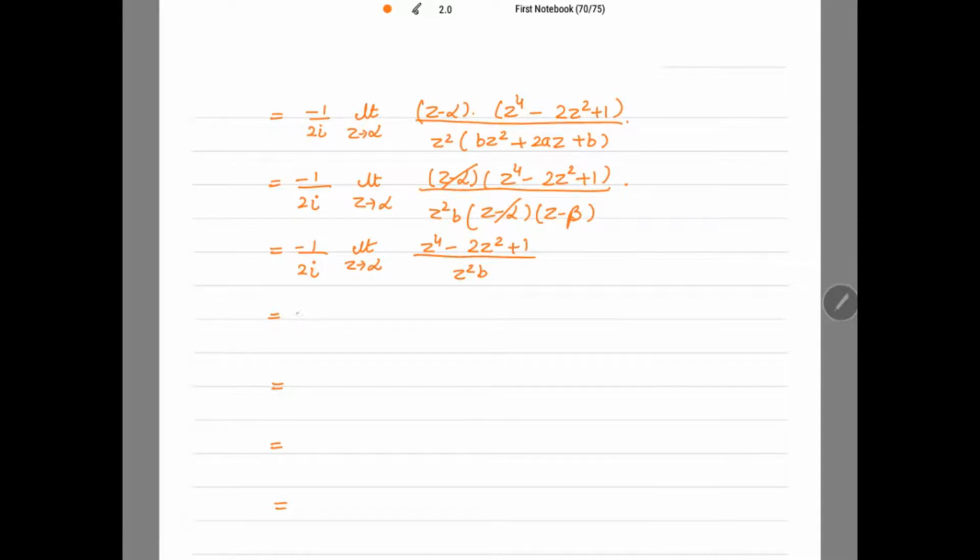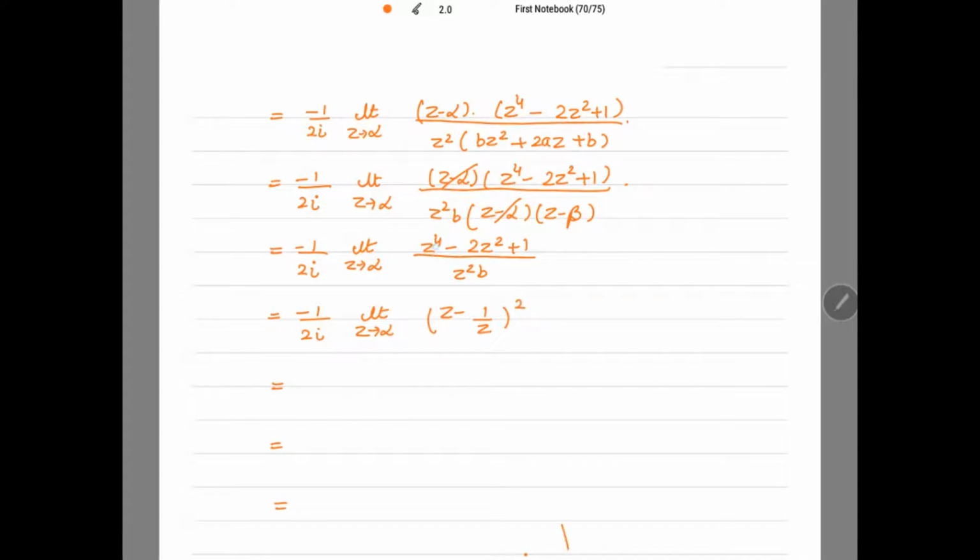Okay, next, minus 1 over 2i. Before putting the value for z, I'm going to make this numerator into a perfect square, which is (z minus 1 over z) whole square.